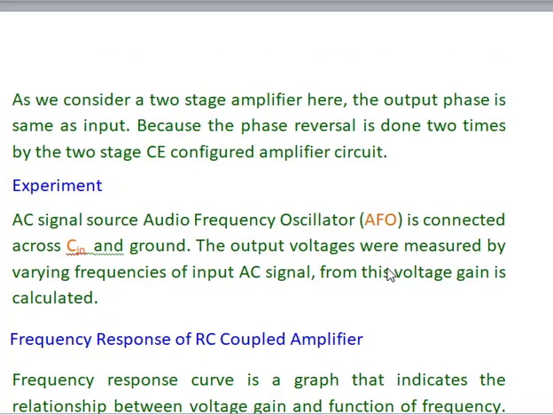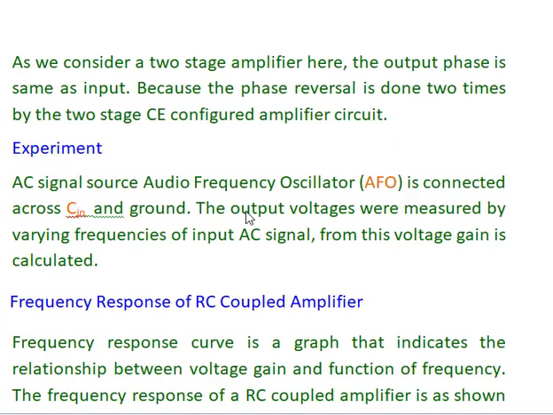How it works? The AC signal source from the audio frequency oscillator is given to the input capacitor. The output voltage is measured by varying different input frequencies. For different input frequency signals, the output is measured.